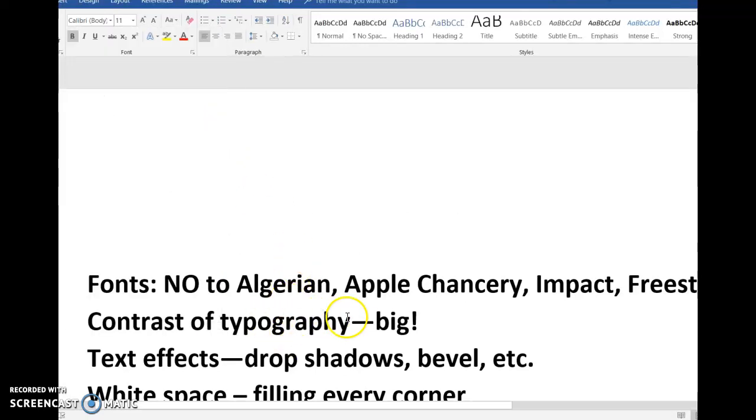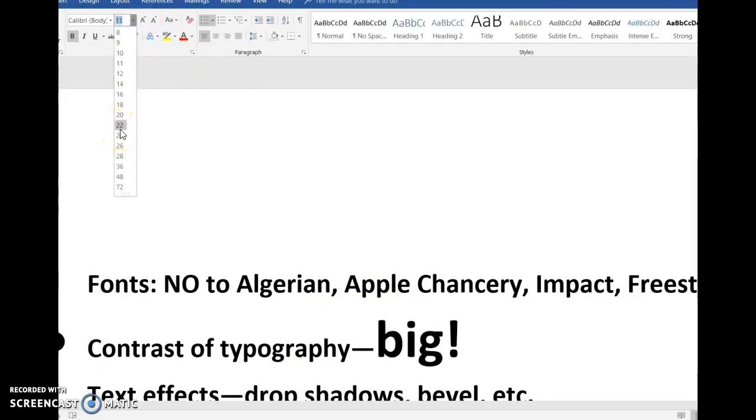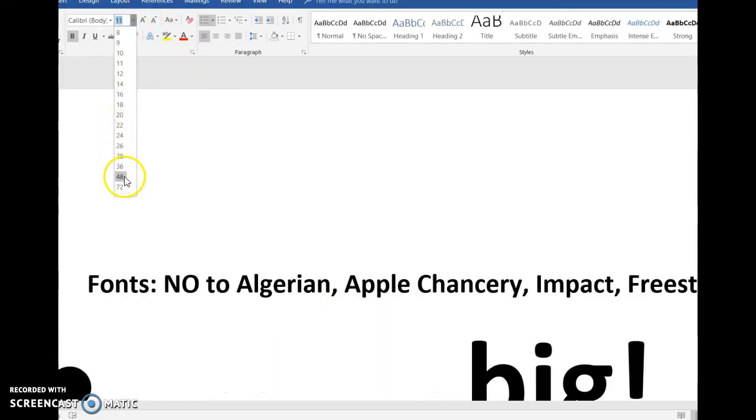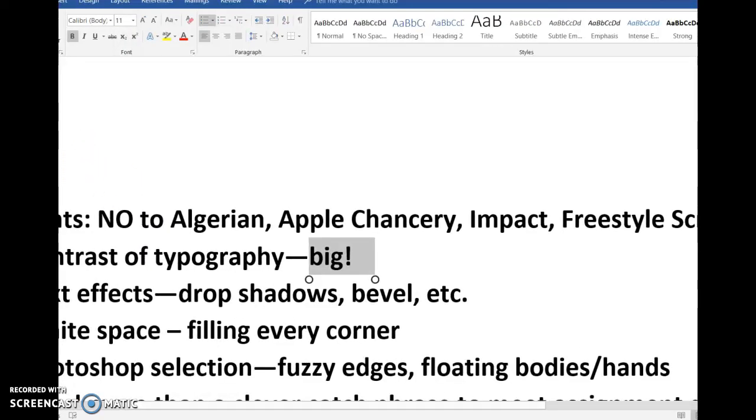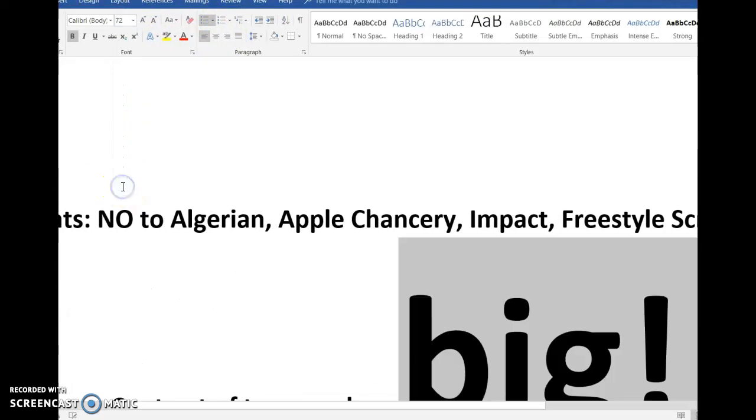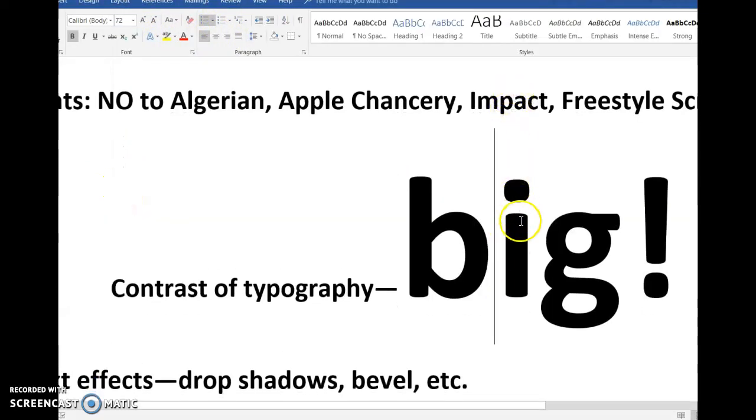Along with that, with typography, remember your contrast is huge. Sometimes designers are thinking, okay, there's my contrast, right? No, what you want is for the size difference to be huge. See how big of a contrast this is with the size?